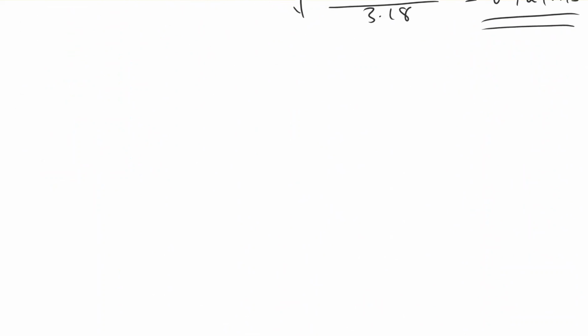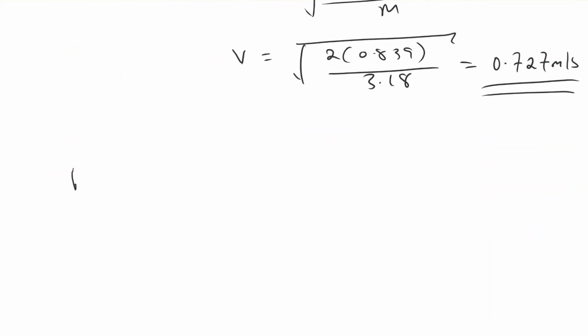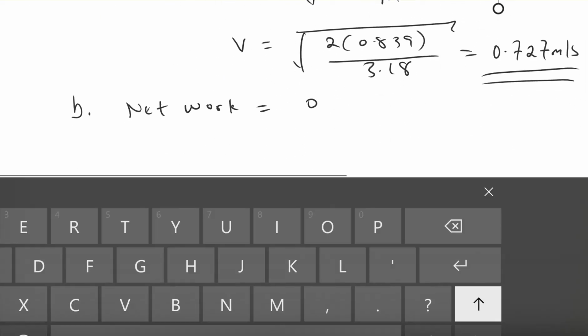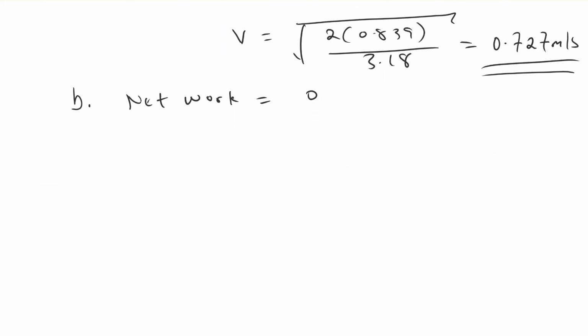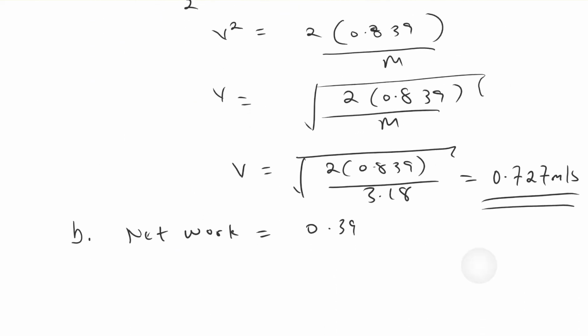So for question A, net work done, we got it at 0.839.